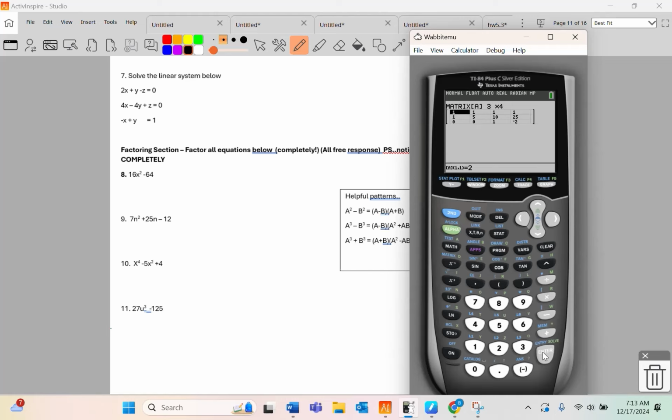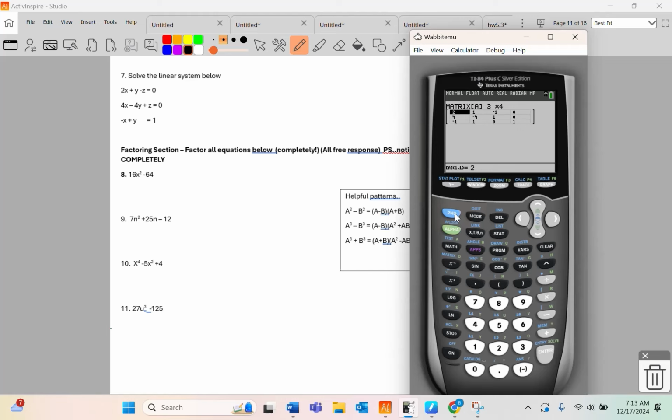And the first column is x's, the second column is y's, the third column is z's, and the fourth column is the result. Pay attention to the third row here. Notice it has no z. There's nothing there in the z column.